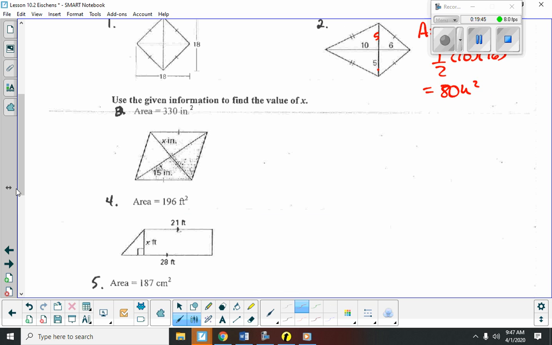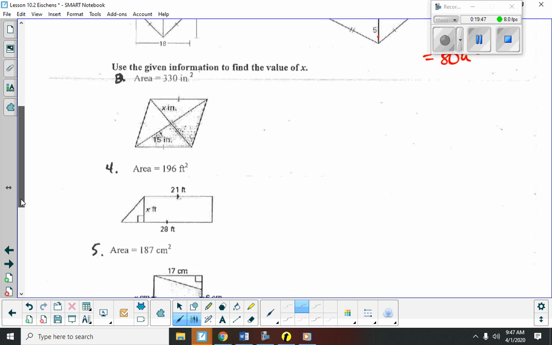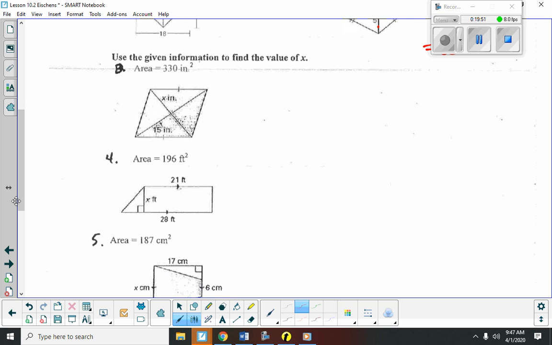Okay, so let's get into some of these problems right here. You have to find the value of x. Now, here's the important thing. Write the formula, fill in what you know, and solve the equation. So we'll do this one. So this is a trapezoid. So it's 1/2 times the height times the sum of the bases.